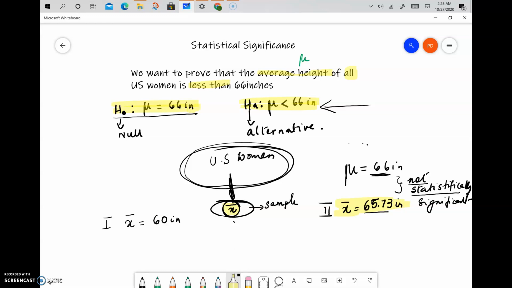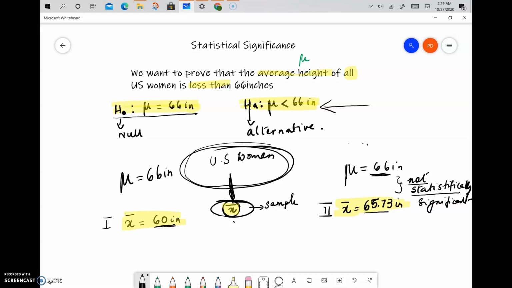Now let's look here, the first scenario. Let's just say everyone believes that mu, the population mean, is 66 inches, and I exaggerated here. 60 inches is just about 5 feet tall, which is kind of impossible. But let's just say we picked a random sample, we did everything right, and we found the average of the sample, and it's 60 inches.